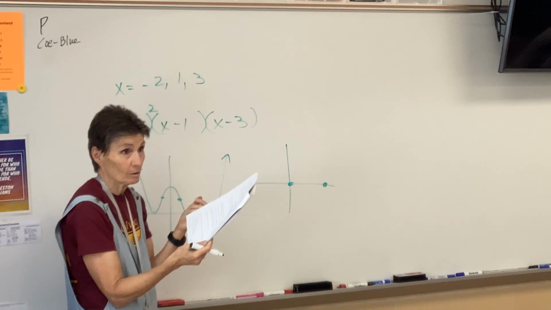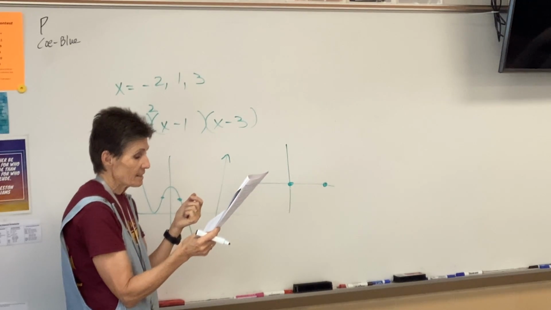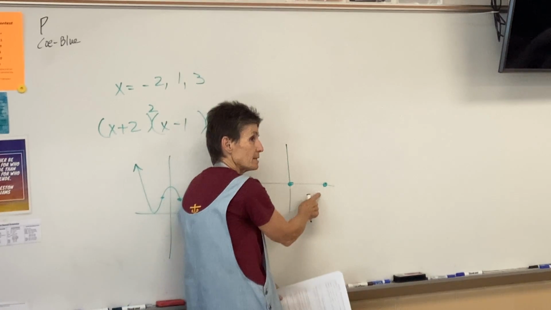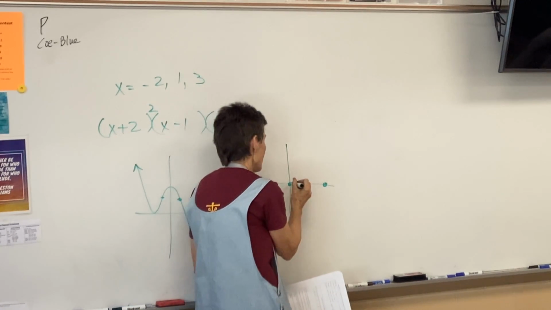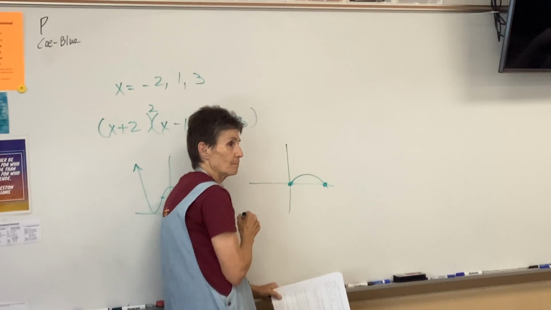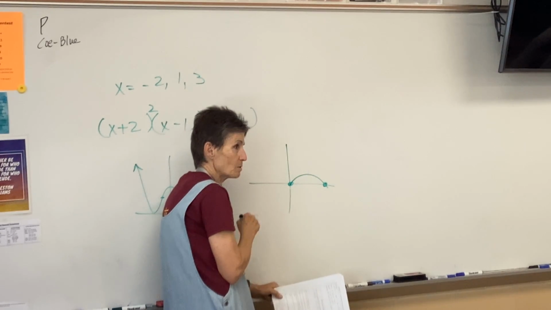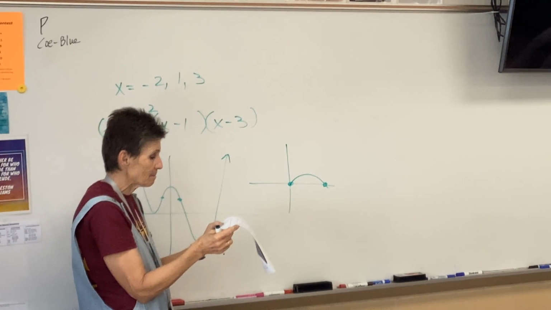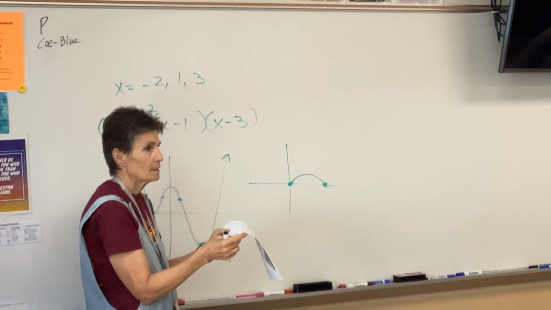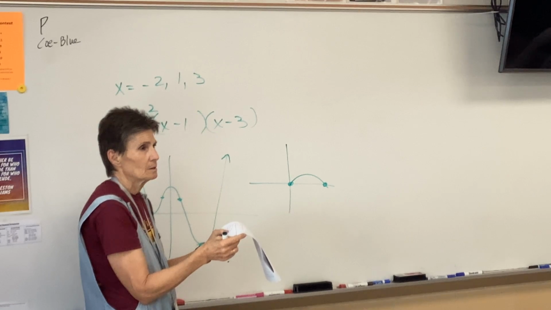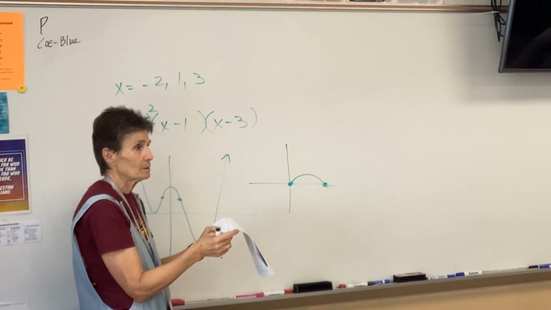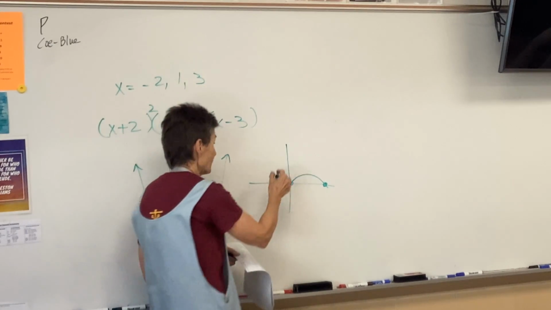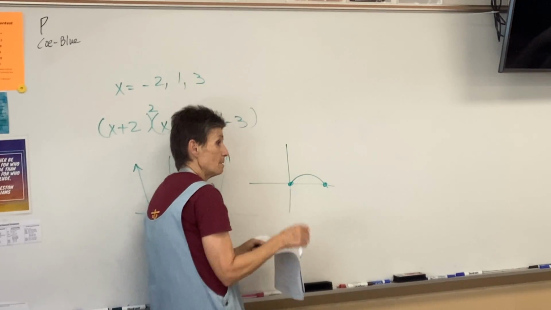Could be, for sure, but it doesn't have to be. Does it have to change concavity between these 2 points? No, couldn't it work like that? That's concave down the whole time, so no, that's not true. Has an absolute maximum or minimum at 2. Not an absolute, no. It could, if it's a parabola, for example, it could, but it doesn't have to.